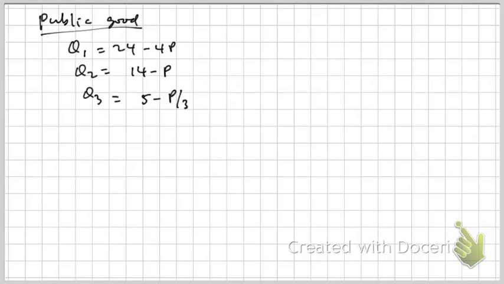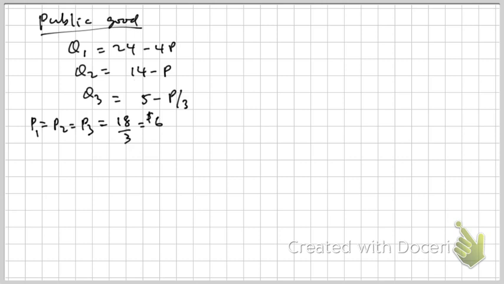All right, the second part of this question, public good, gives you the demand for the public good for three individuals, and then it asks you if the government tries to set a price equal, that's P1, P2, P3, that is the marginal cost, 18 divided by 3, which is $6.